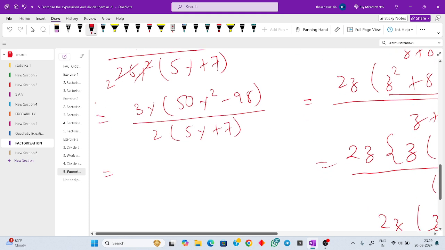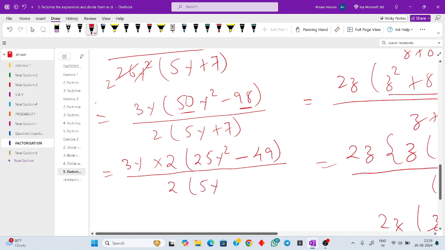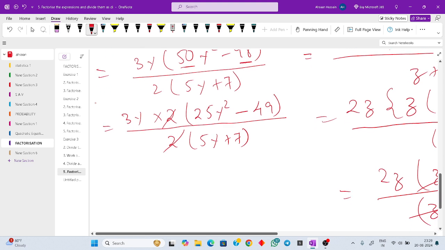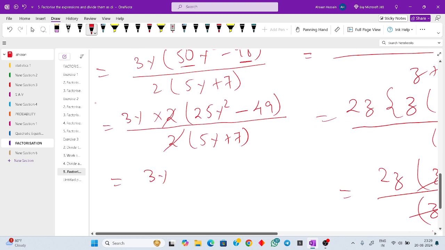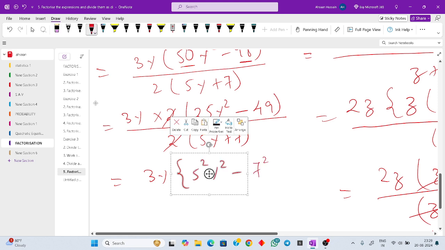Now what can we do? We can just take what is the common factor between 50 and 98. Obviously it is 2. So after taking 2 as common, 25y square is left and 49 is left inside the bracket. 2(5y plus 7), and cancel these two. So 3y. Now again, this one would be 5 square y square and this is 7 square, isn't it?